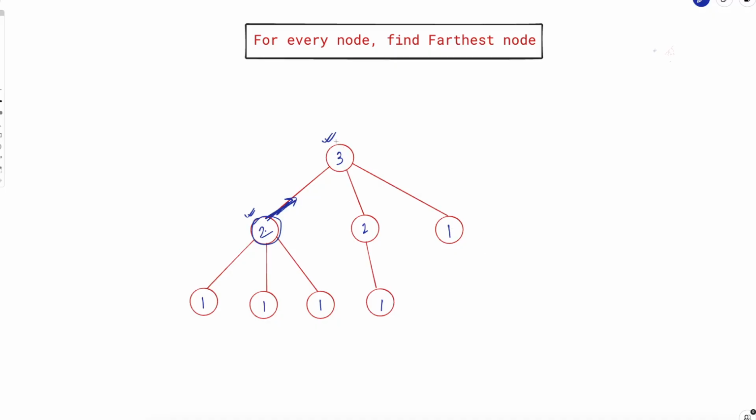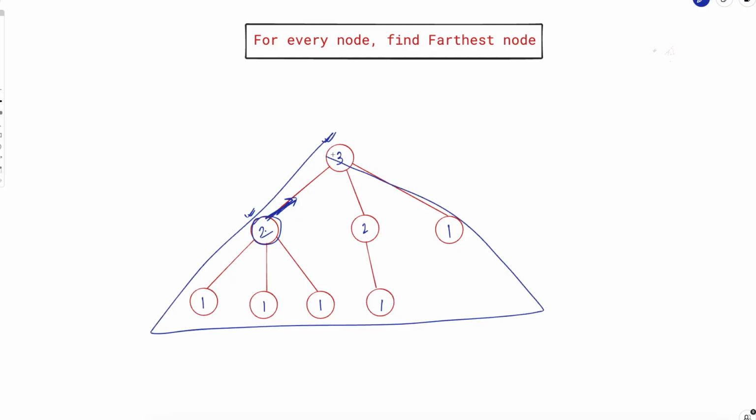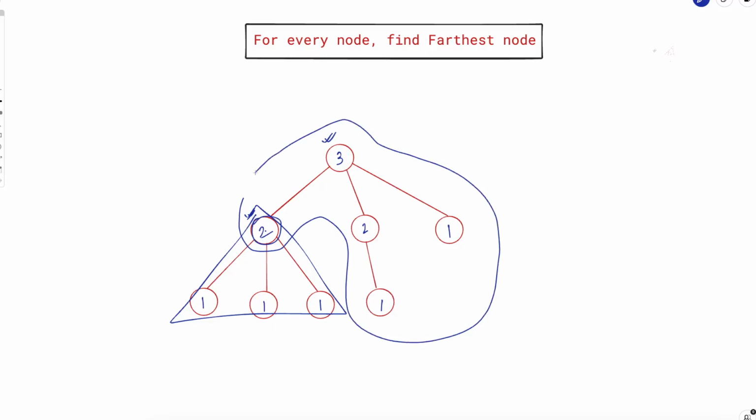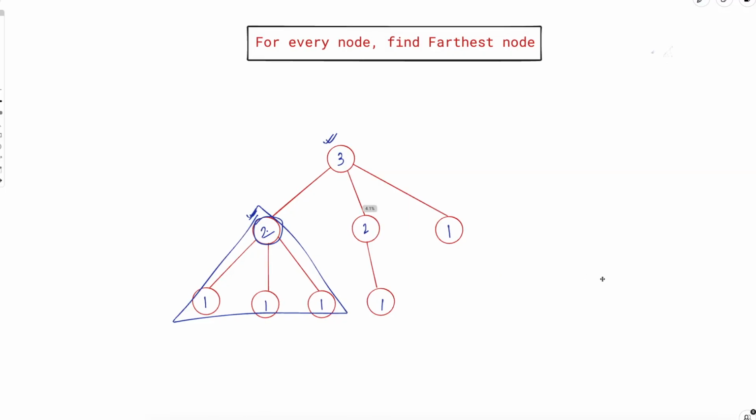Now because only one node has everything to the down of it, this node has the correct value of the farthest node possible. But for every other node, let's say for this node, you got what is the farthest node to the down of it, but what you are missing for this node is what is the farthest node to the up of it. And if you can figure out that, you can get the final answer for this node as well. So let's do that.